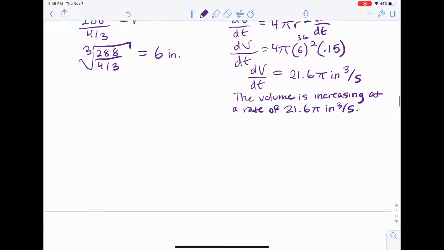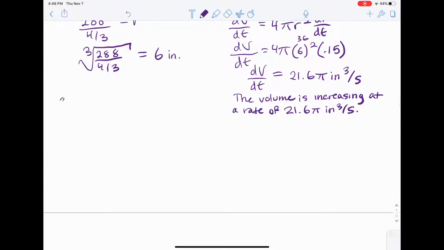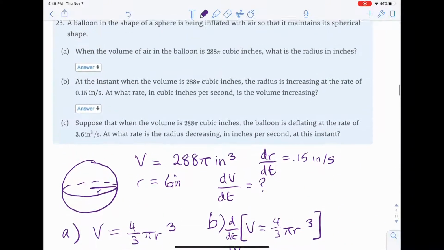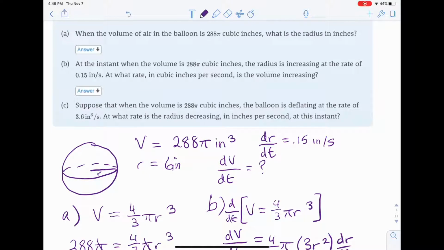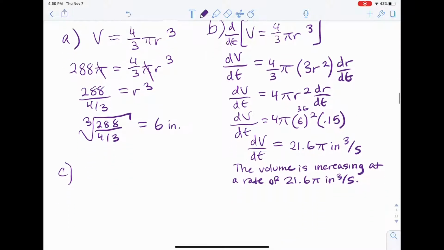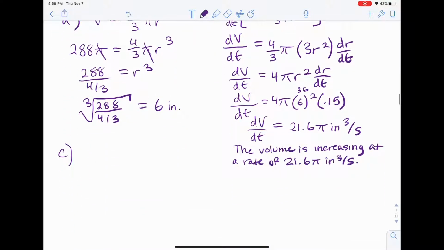So then when you get to part C, it says, suppose that when the volume is 288 pi cubic inches, the balloon is deflating at the rate of 3.6 inches cubed per second. At what rate is the radius decreasing in inches per second at this instant? So for part C, we know that the volume is 288 pi cubic inches.